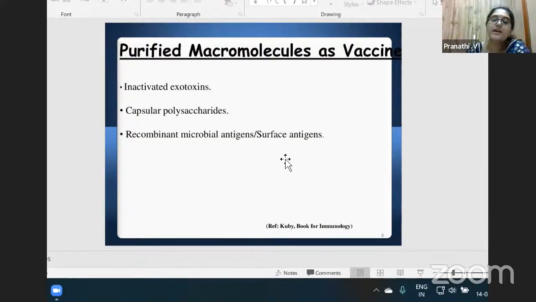When it comes to purified macromolecules as vaccines, there are certain risks involved with attenuated or killed whole organism vaccines. So the general forms of these purified macromolecules are inactivated exotoxins, capsular polysaccharides, recombinant microbial surfaces, that is, subunit in the conjugate forms, and recombinant microbial antigens or surface antigens.